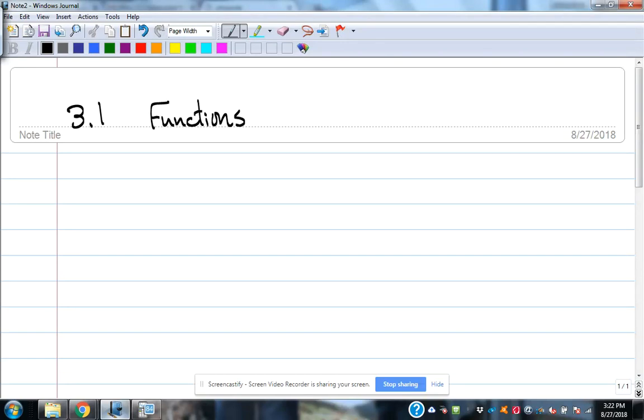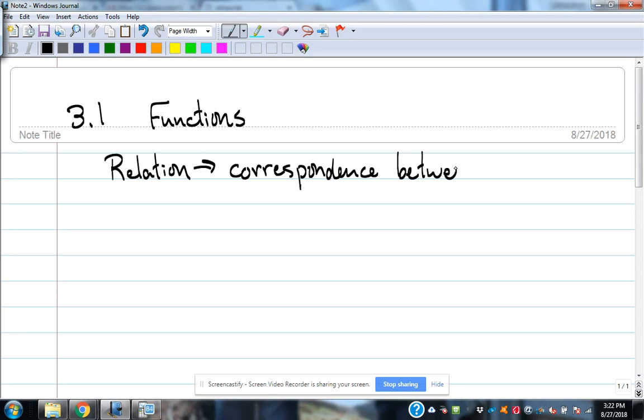Let's talk about functions. Functions are based on this idea in mathematics called a relation. A relation in mathematics is a correspondence between two sets.